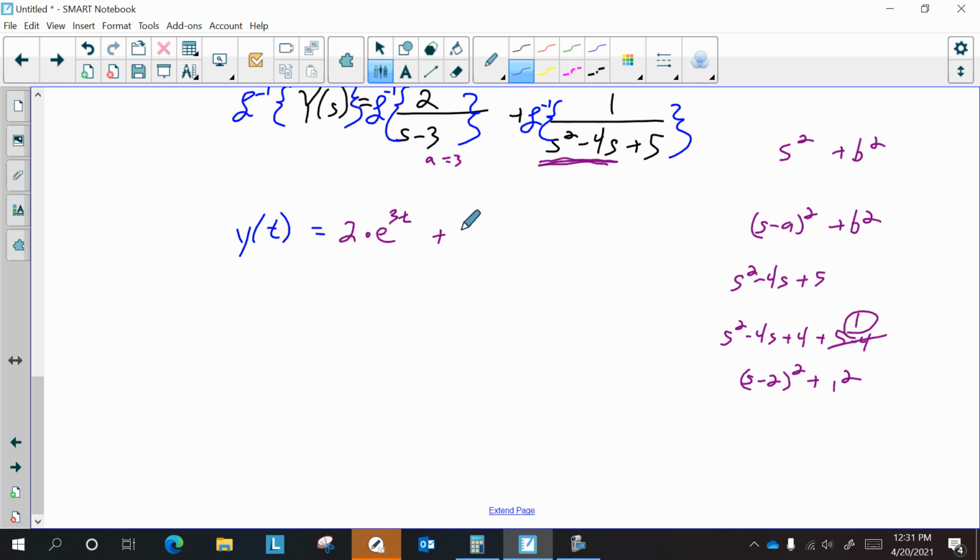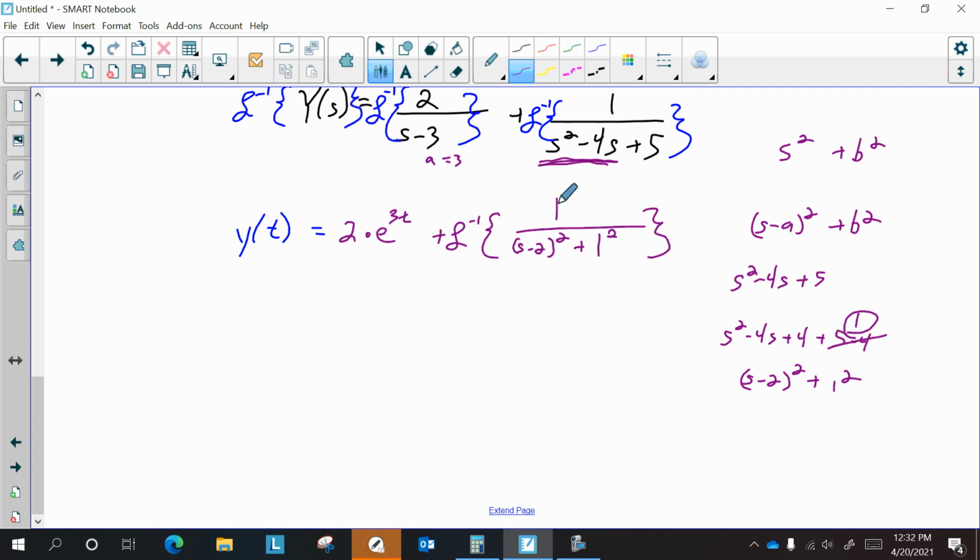So we can rewrite that as, we have a 1 on top right now. That denominator can be written as s minus 2 squared plus 1. Okay, so since we have a constant on top and not an s, then that constant, if this is b squared, that just needs to be b.